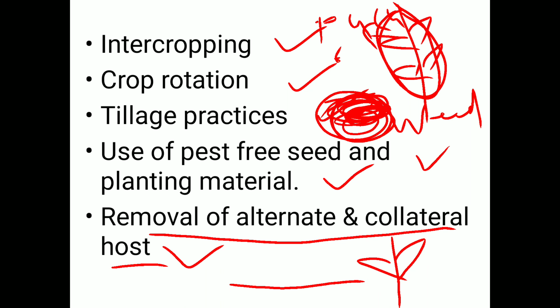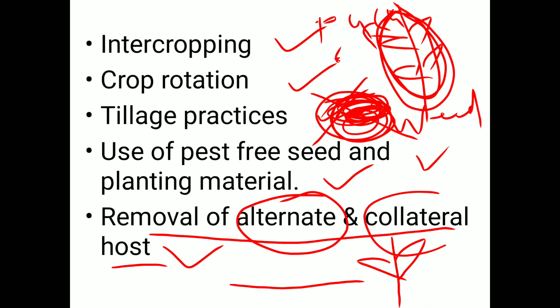So if you remove the alternate host, that is the barberry plant, if you completely destroy such a weed, then there is no place for Puccinia to survive its life cycle in absence of the main host. In such a condition, due to unavailability of food material or place, Puccinia gets killed. So it is necessary to remove the alternate host or collateral host.